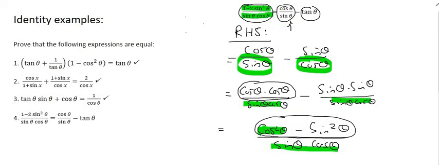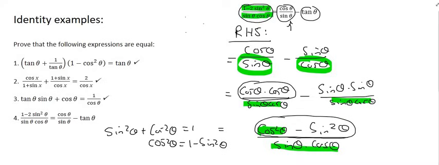Okay, so this comes with a bit of practice, but remember we said that there's this identity that goes sin squared theta plus cos squared theta equals 1. We also said that these identities can be rearranged. So let's rearrange it for cos squared theta. And what you're going to end up with is 1 minus sin squared theta.